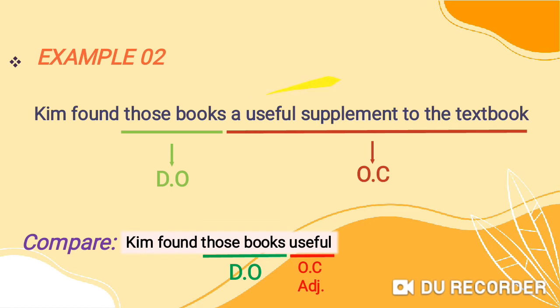Meanwhile, a useful supplement to the textbook is the object complement. Let's compare to the same sentence in the form of an adjective. We have: Kim found those books useful. Useful here is the object complement in the form of an adjective phrase.